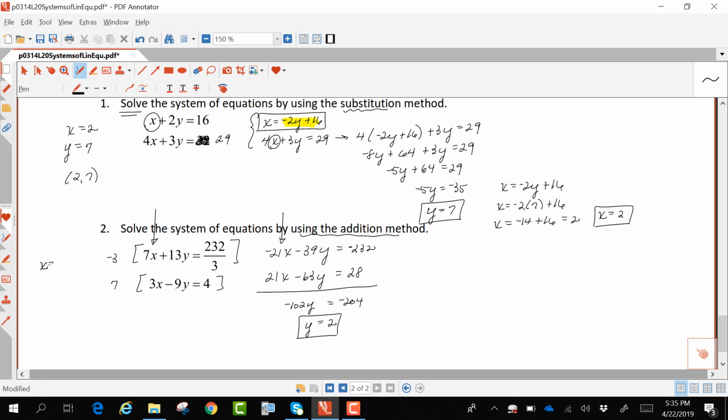So again, my solution really is to find both the x and y value, and I now have the y value. To get the x value, I substitute this y value into one of these equations. It does not matter which one. I'm going to just randomly pick the 3x minus 9y equaling 4.